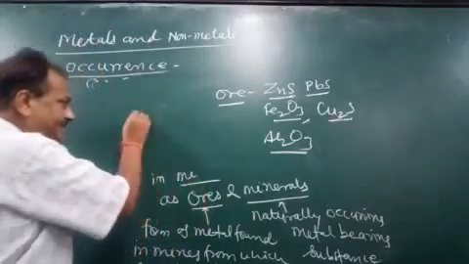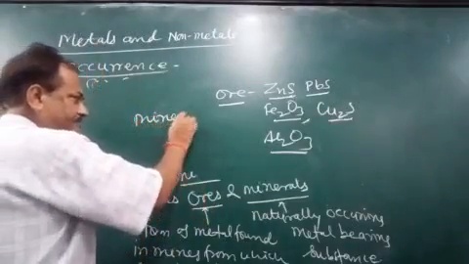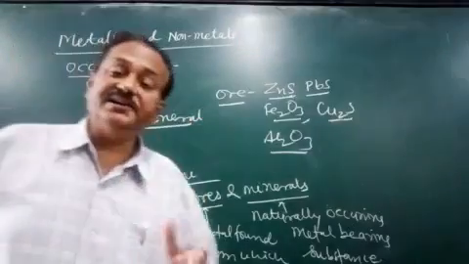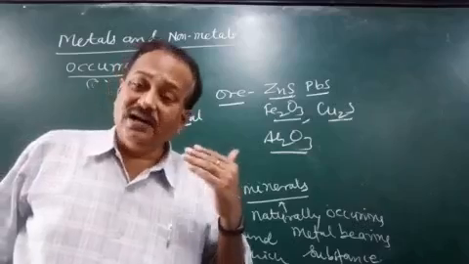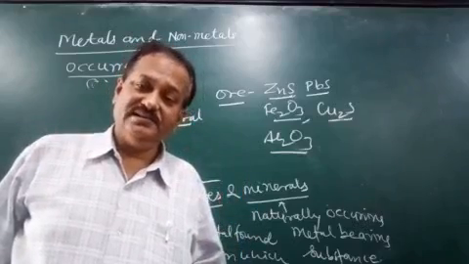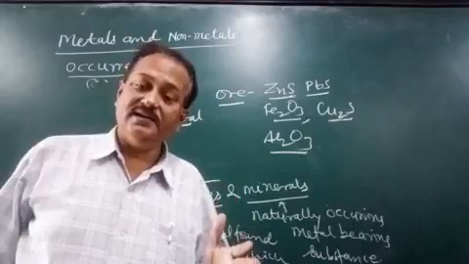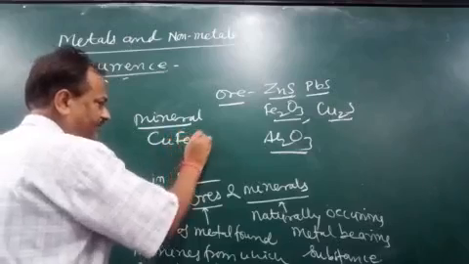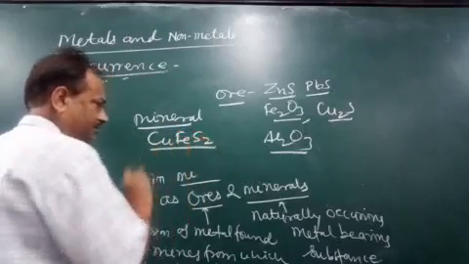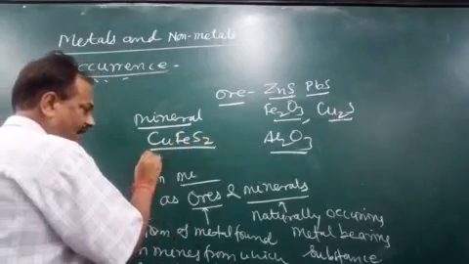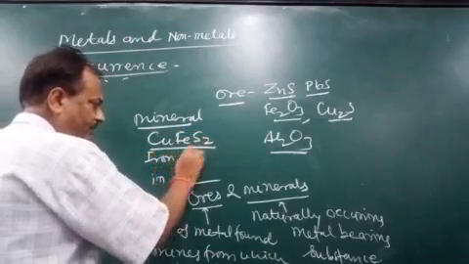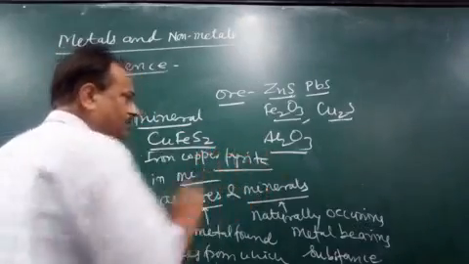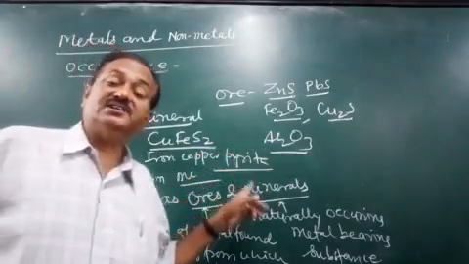Now, the minerals have more quantity of unrequired materials like sand and soil. A mineral can be like CuFeS2. This is iron copper pyrite. The word pyrite is used for a sulfide ore.